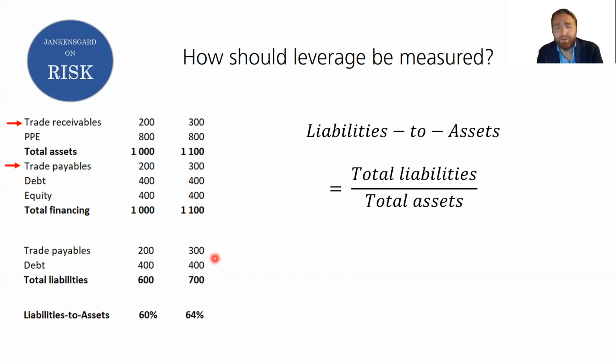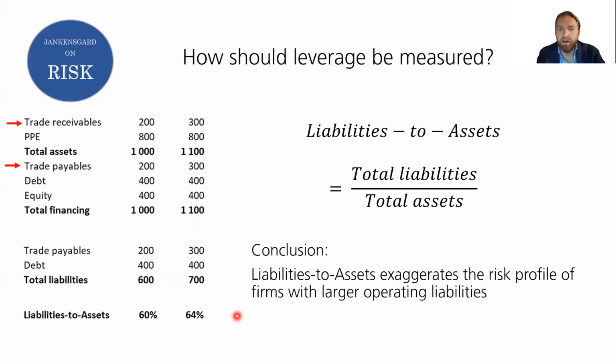But is that very accurate? Because the self-financing, they still balance, right? So there's not much reason to think that this firm is a lot more risky than this one here. But the liabilities to assets ratio does indicate higher risk, which is questionable then.